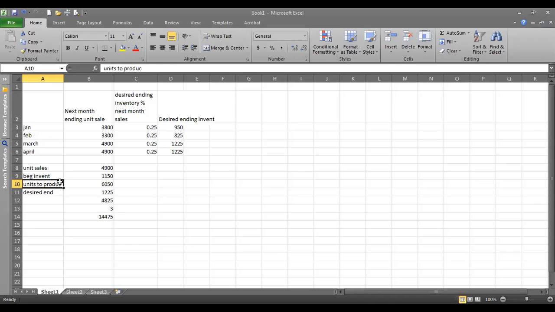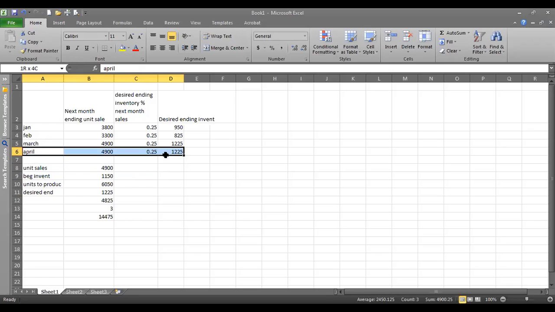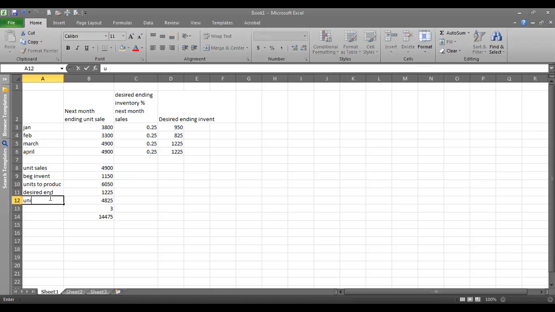I start with my unit sales of 4,900. I have my beginning inventory. I add the two together, and I come up with my units to produce. I've already calculated my desired ending inventory, so I'm going to put that there, and this gives me my units to produce.